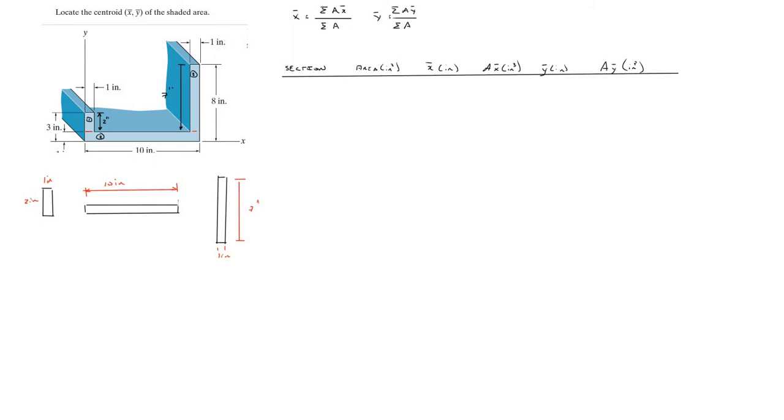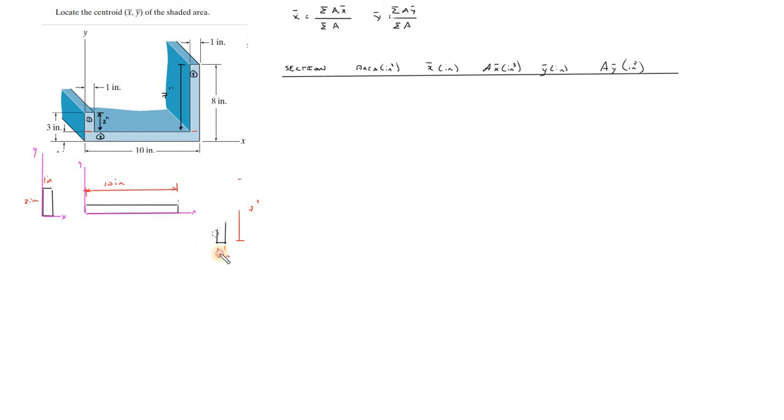Now if I were to draw the axes on each one of these, we know that this here would be my y, this here would be my x, same thing here, this would be my y, this would be my x. I should have drawn this, and I'm going to draw it really quick.